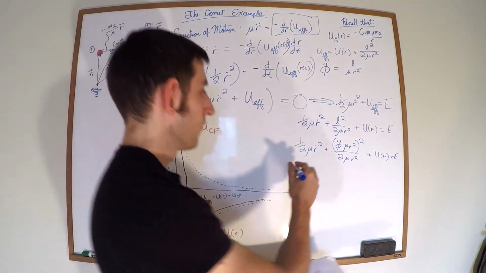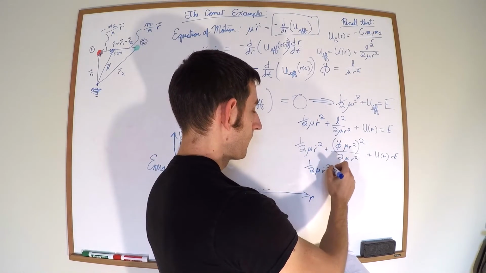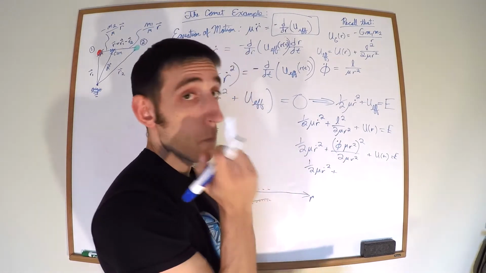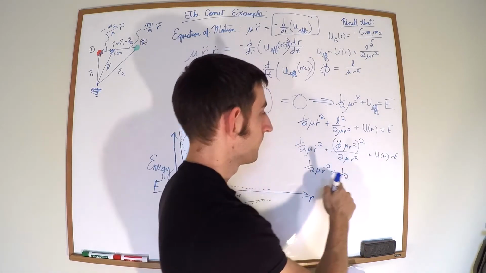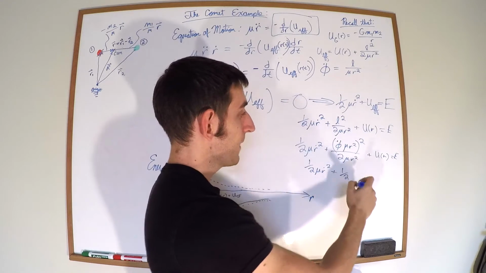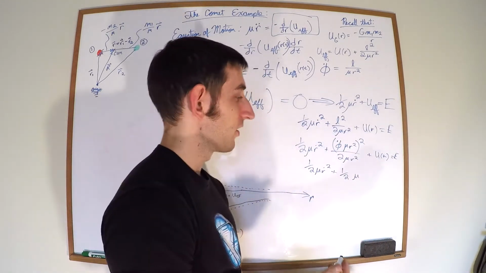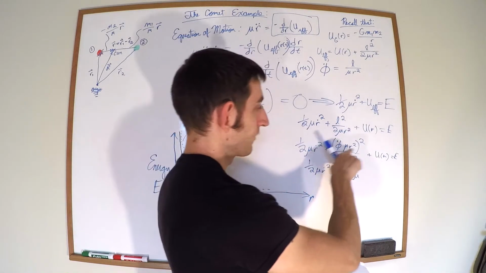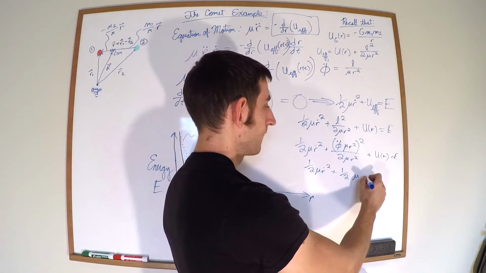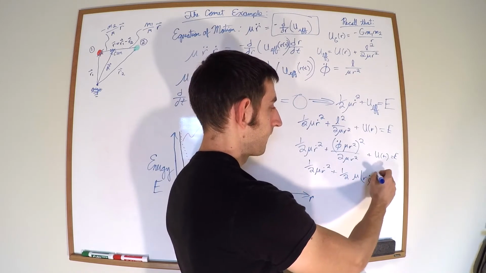Okay? So in the end, we get the following. We get 1/2 mu squared divided by mu gives us mu. r to the 4th divided by r squared is going to give you r squared. So we're going to get r squared phi dot squared. I'm going to write that as that.